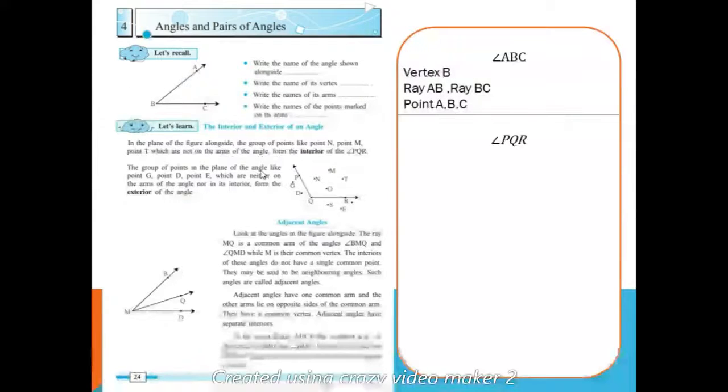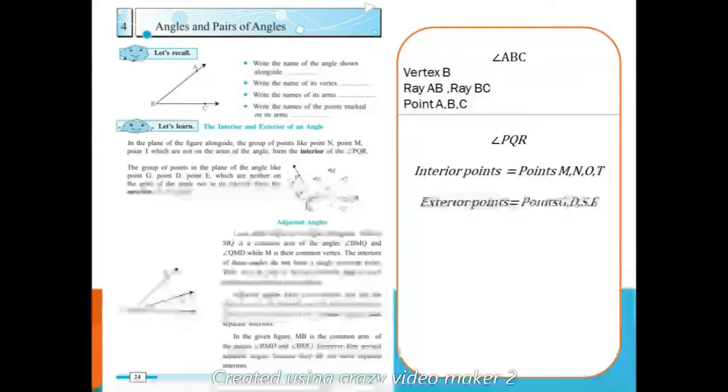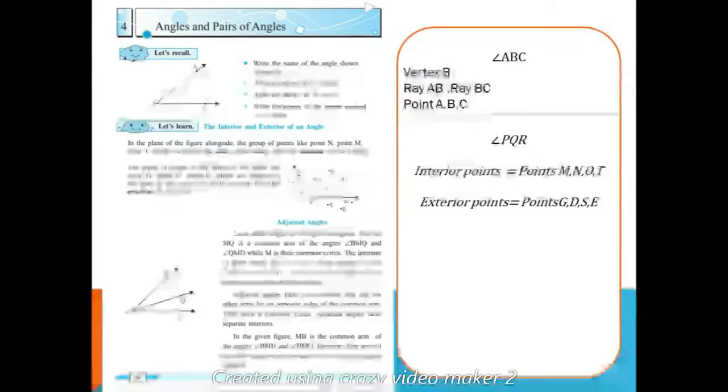Now this is angle PQR. Here it is given angle PQR, and the points that are interior to this angle are point M, point N, point O and point T. The exterior points are point G, point D, point S and point E. These are the points that are interior and exterior to the angle.